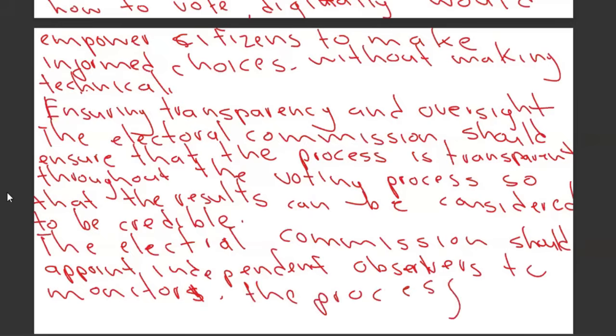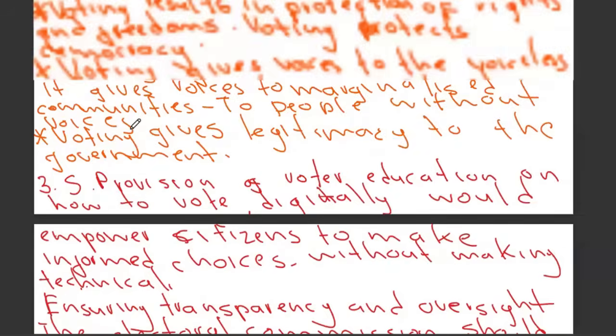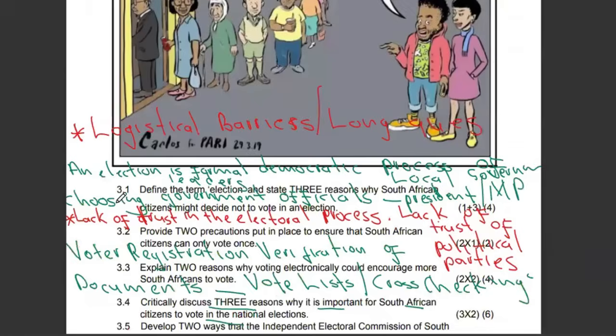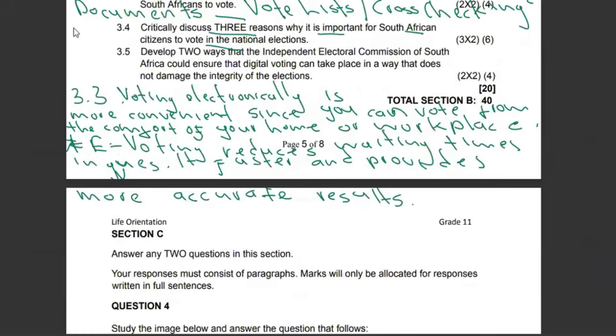They can do that through the appointing of independent observers to monitor the process. So this brings us to the end of 3.5. Now let's go straight to the fourth question. All questions on the third question have been answered.